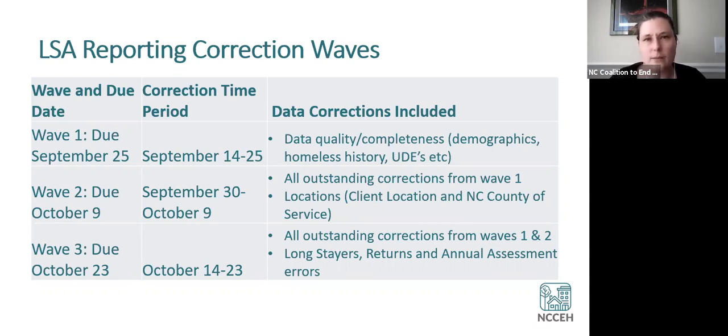We separated those because most of the location questions are kind of self-evident, right? It's all the same response for all the clients. So it's a little bit different than kind of digging through the client file for information. And then wave 3, we're incorporating our system performance measures and looking at long stayers, return to homelessness, and annual assessment issues.